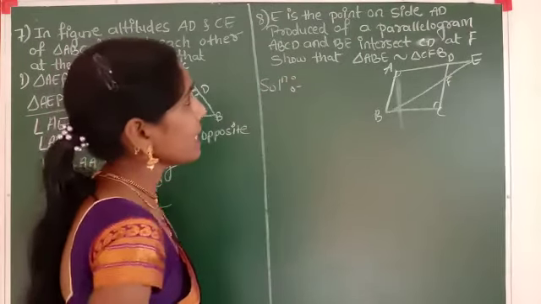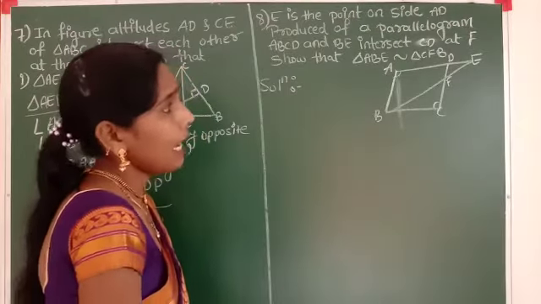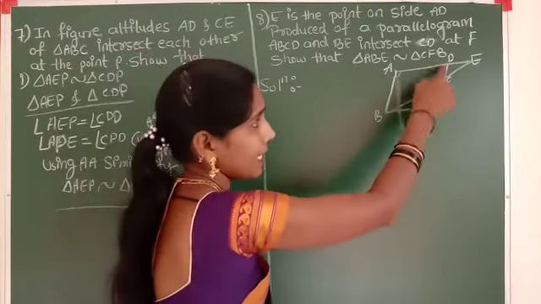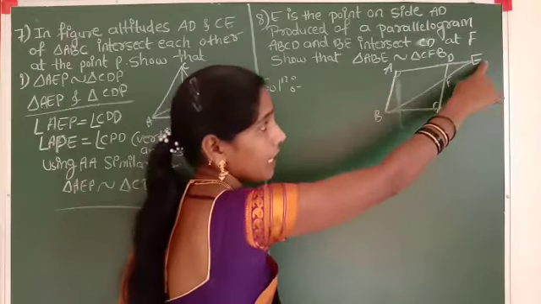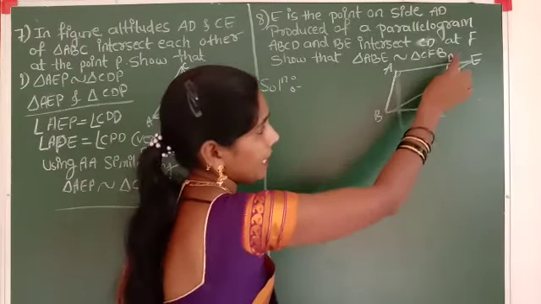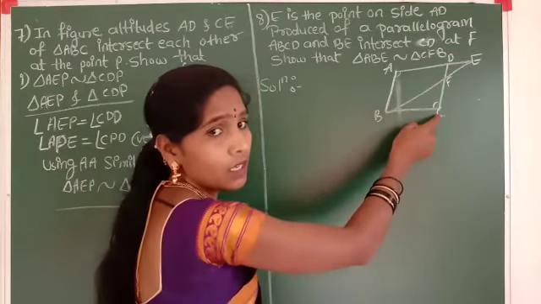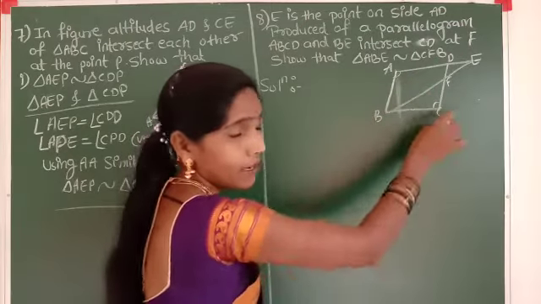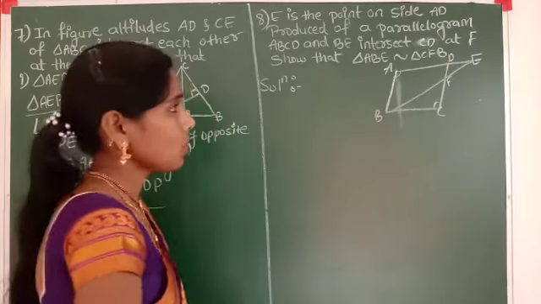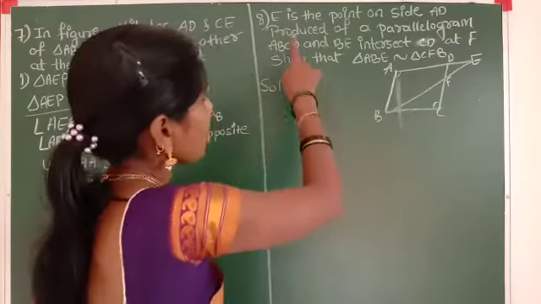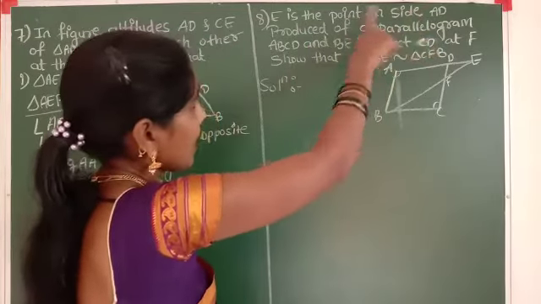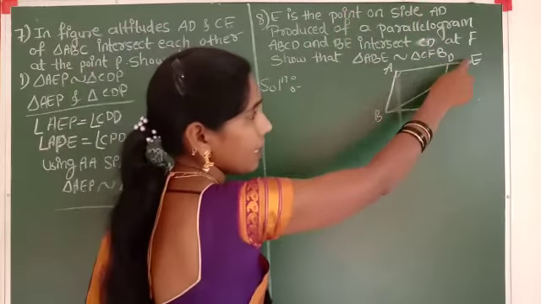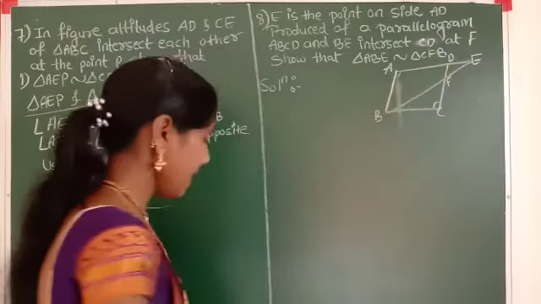ABCD is a parallelogram and AD is extended to E. AD is parallel to BC.